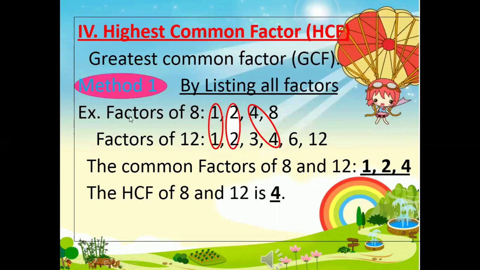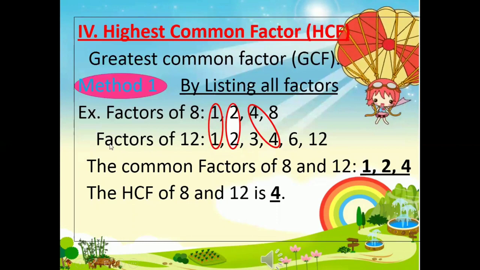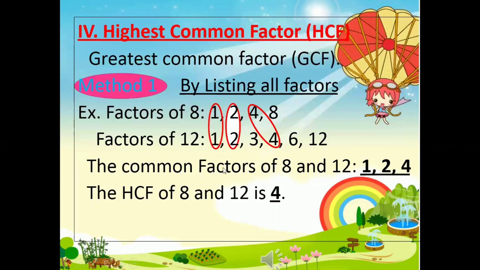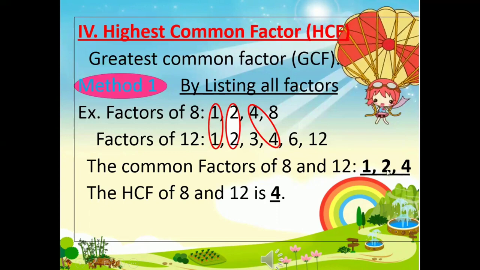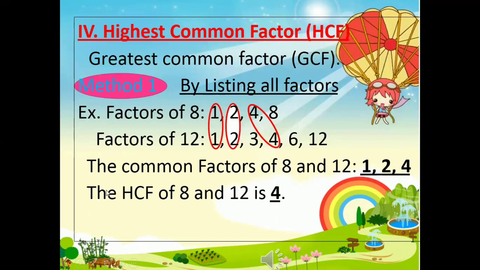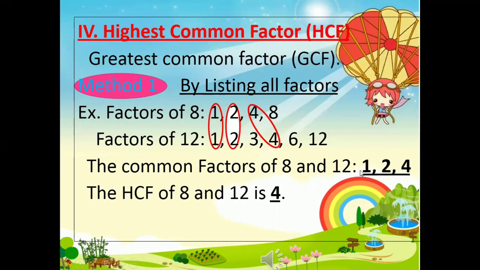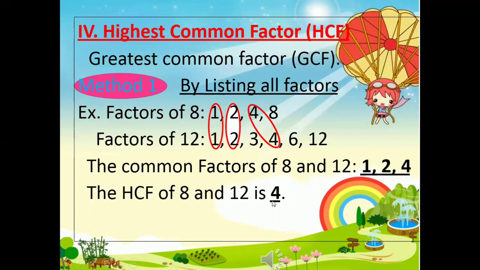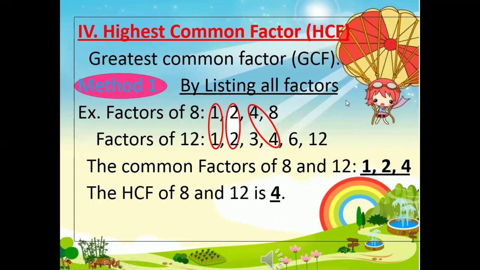For example, we list down the factors of 8, and then the factors of 12, and then we find the common factors of 8 and 12, which are 1, 2, and 4. Now, the highest common factor of 8 and 12 is, which one is the highest of the common factors? It is 4. So the answer is 4. This method again is by listing all factors to find the highest common factor.